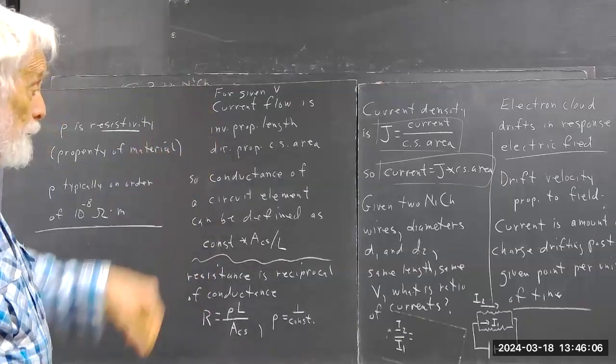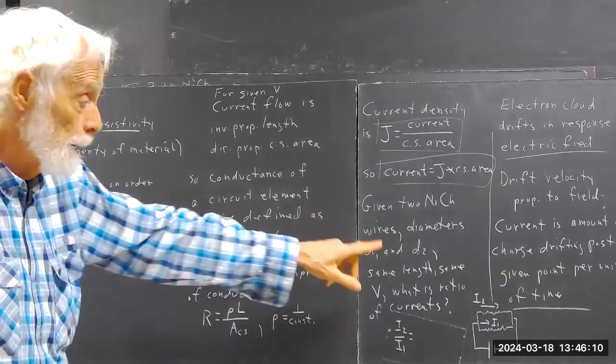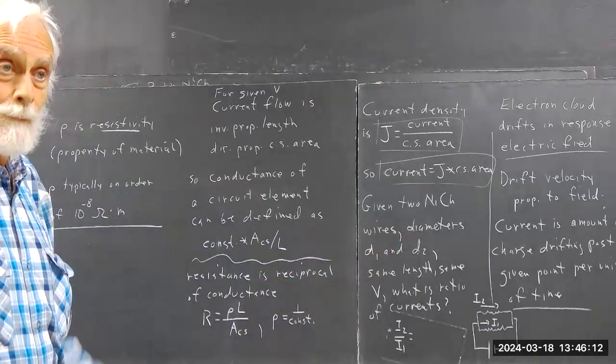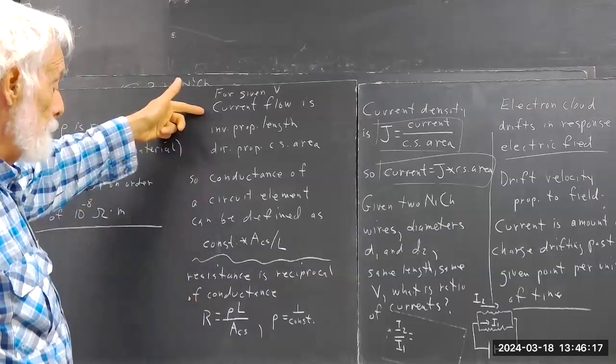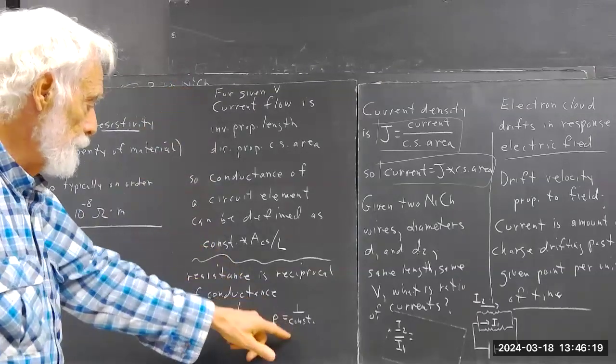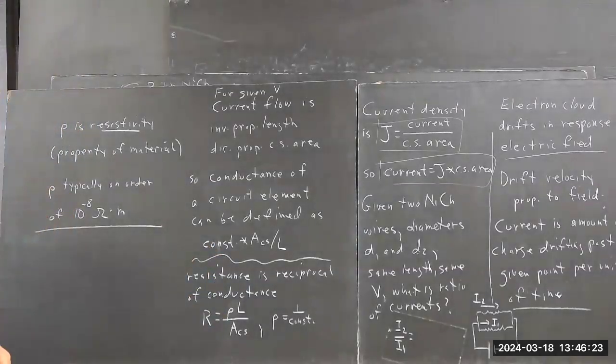Okay, I'm just going to wave my hands over this. This is what we multiply by the voltage to get current. Just go back to everything we talked about and try to understand that. This constant here is the reciprocal of rho, and rho is what we usually work in terms of.